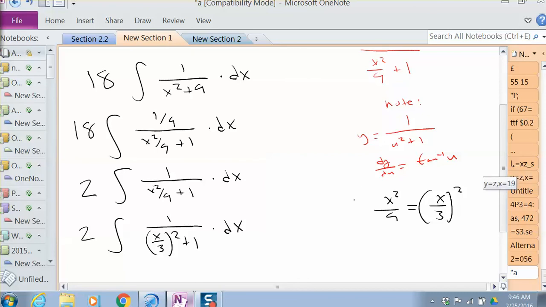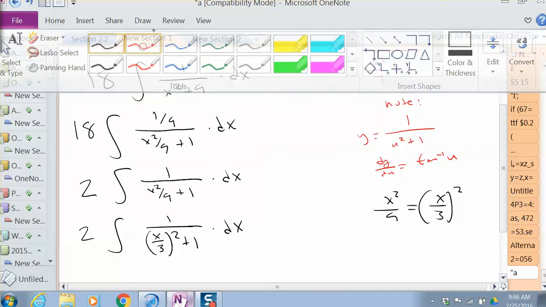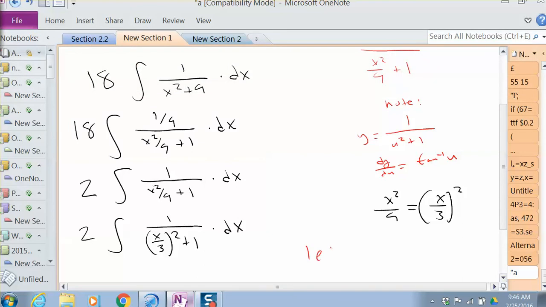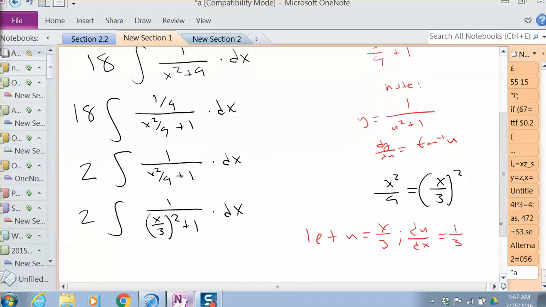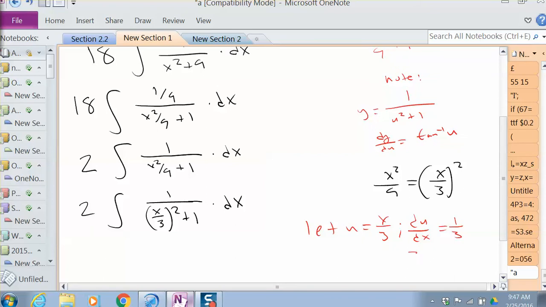Now I'm going to use the u sub. I'm going to let u equal x over 3, meaning that du over dx is 1/3. And by moving things around, or cross multiplying, 3 du equals dx.